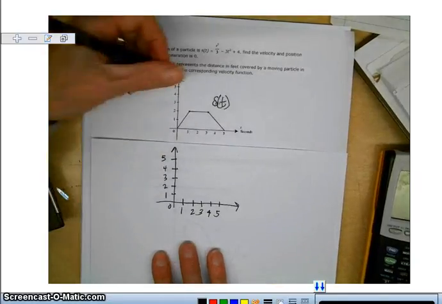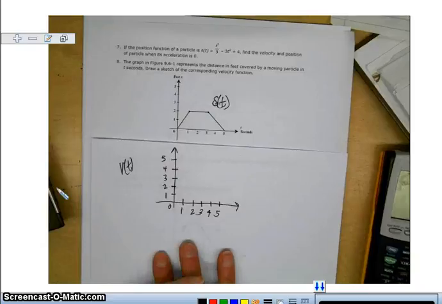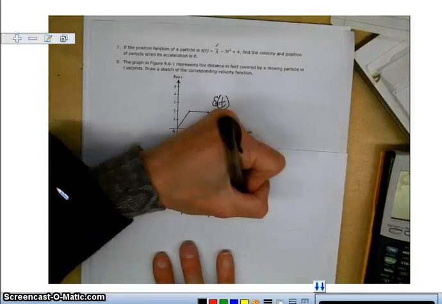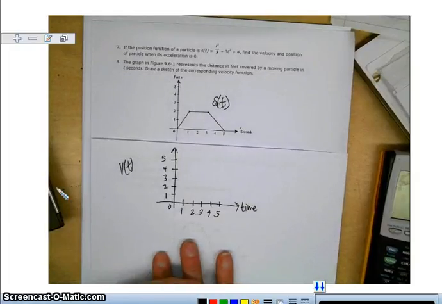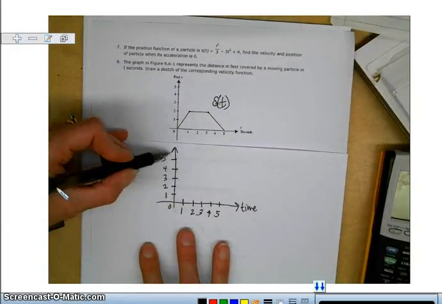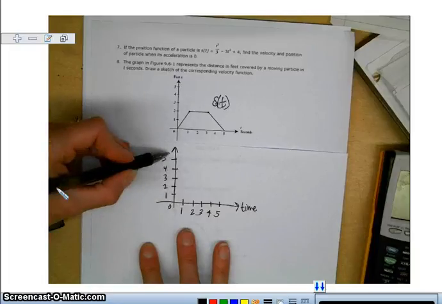Okay. Now, this is the graph of the velocity function, v of t. So the bottom is still time, but this is the velocity. This is the speed.